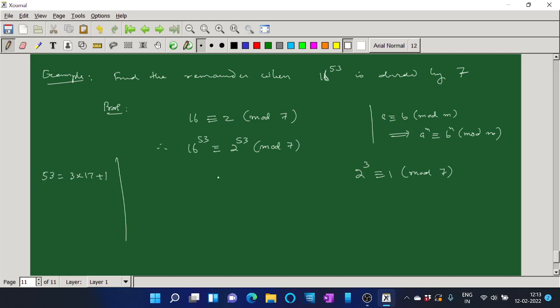Therefore 2 raised to 53 you can write as 2 raised to 3 into 17 plus 1 modulo 7. It is congruent to 2 raised to 3, raised to 17, into 2 mod 7.